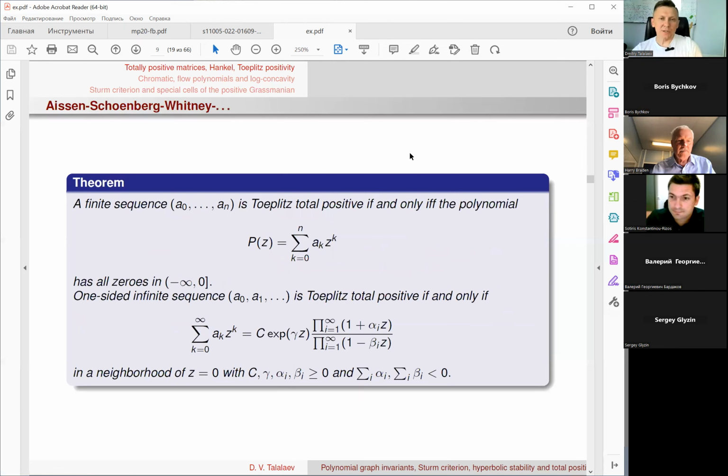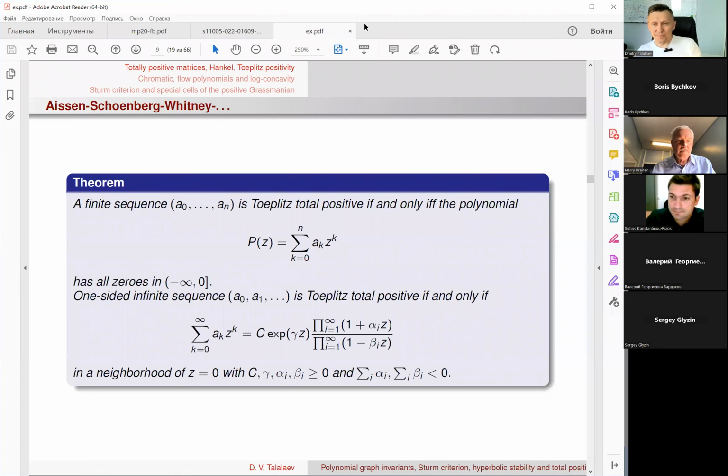There is a very interesting theorem. Different mathematicians took part in the demonstration of this theorem, and I have mentioned just some of them.